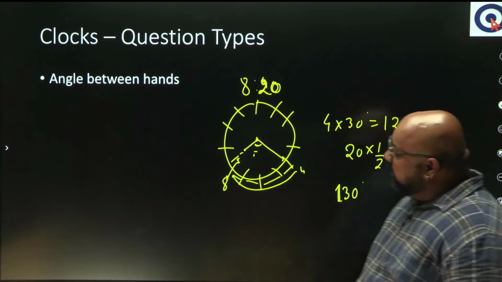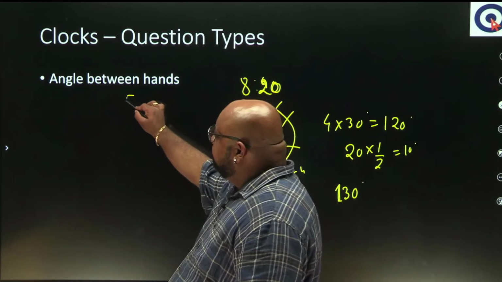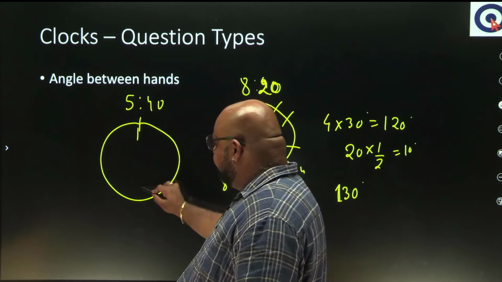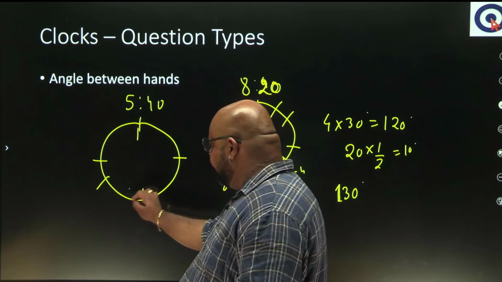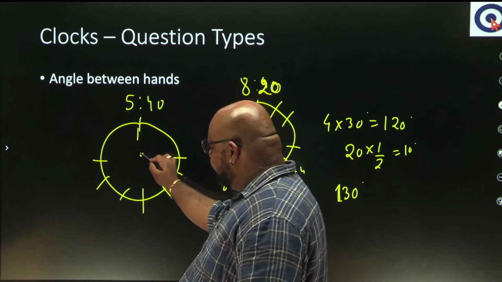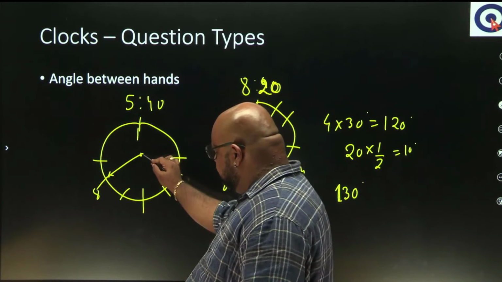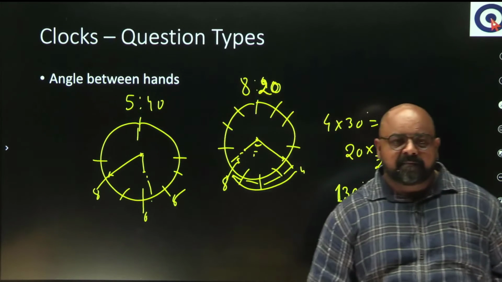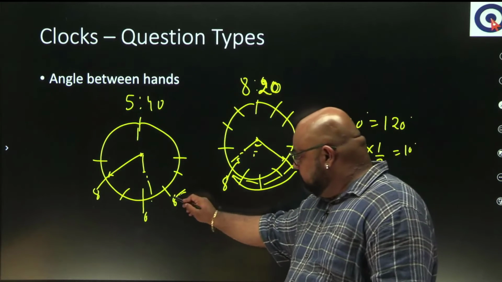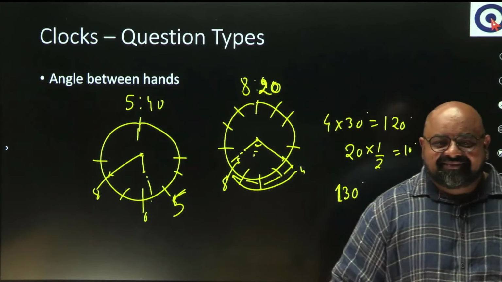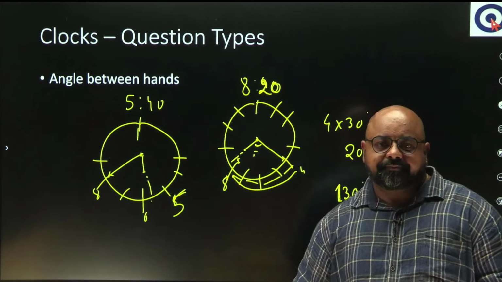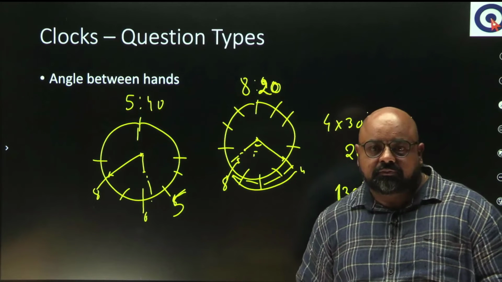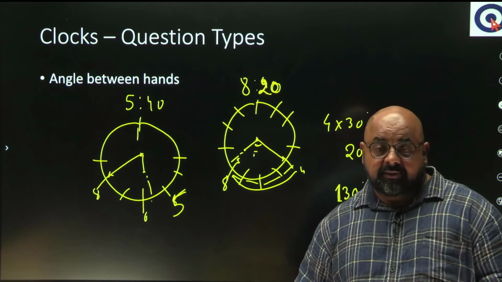What will be the angle at say 5:40? The minute hand is now at 8. The hour hand is between 5 and 6 somewhere. Any answers for this?